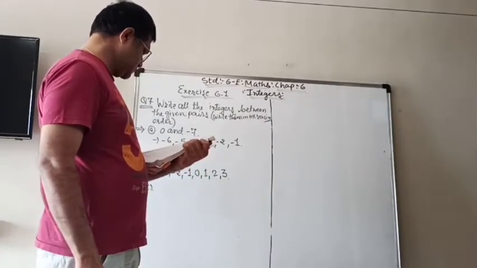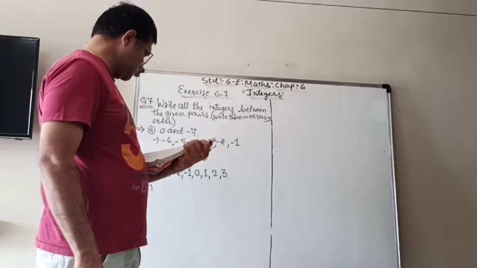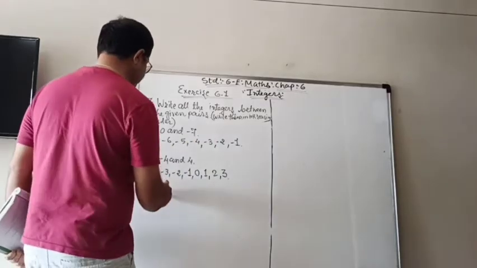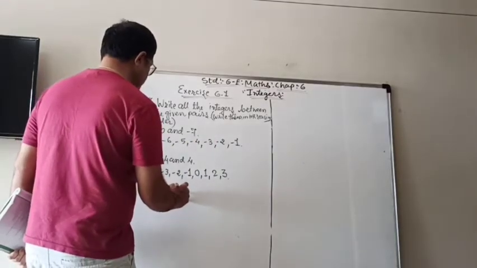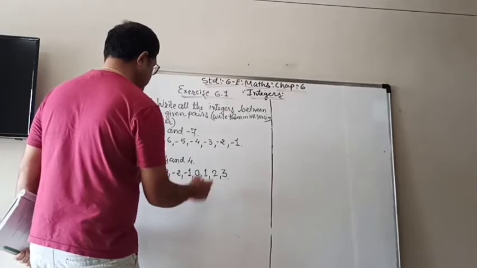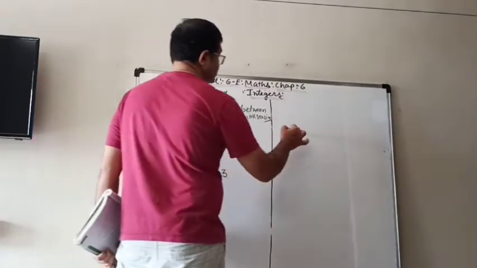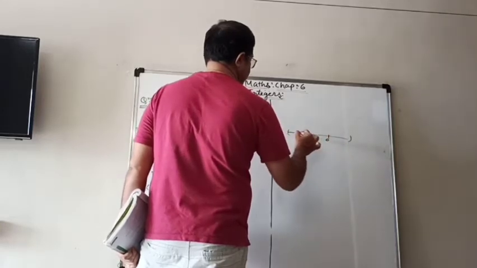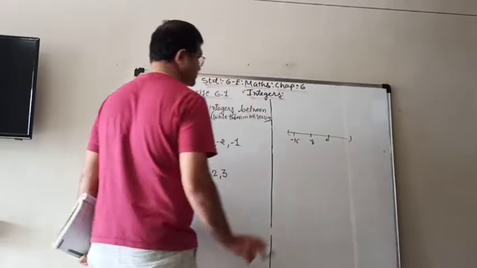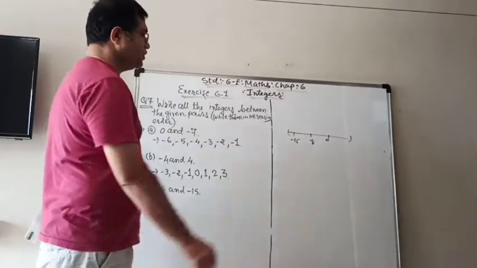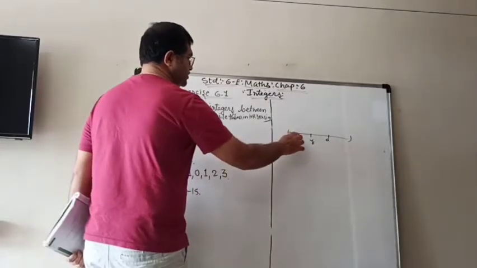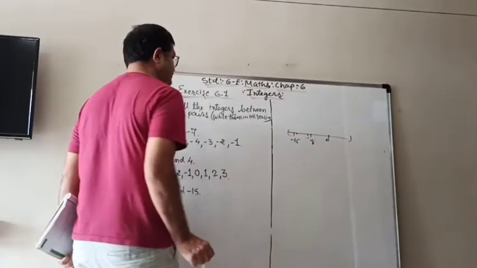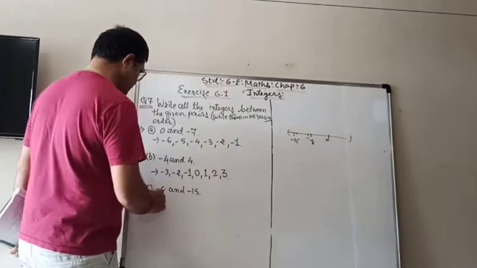The third pair is minus 8 and minus 15. So you know that 0 will be here, minus 8 will be this side and minus 15 will be that side. So you have to start from minus 14 up to minus 7 in the increasing order.